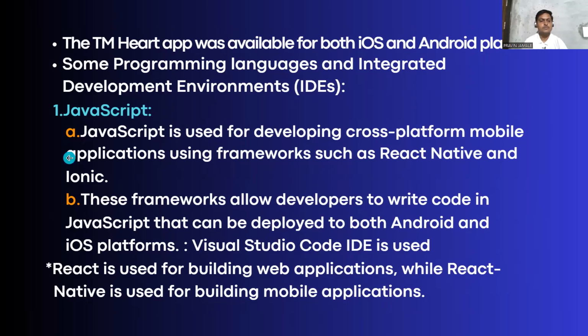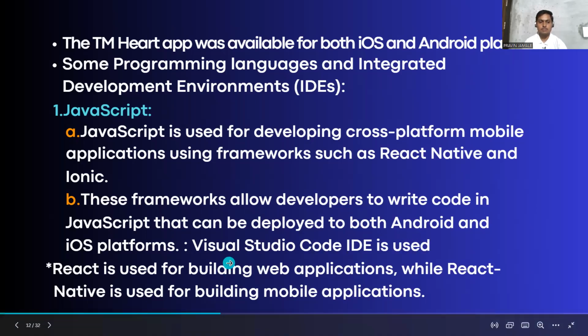The first programming language we can use is JavaScript, which can develop cross-platform mobile applications using frameworks such as React Native and Ionic. These allow developers to write JavaScript code that can be deployed to both Android and iOS. Here, the Visual Studio Code IDE is used.